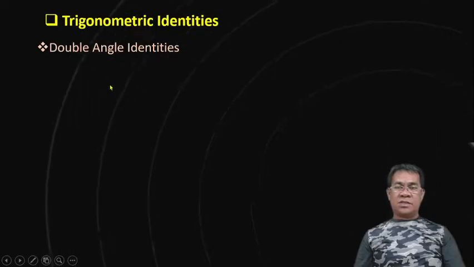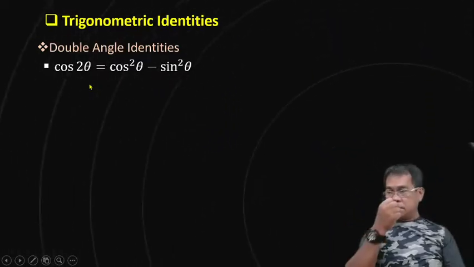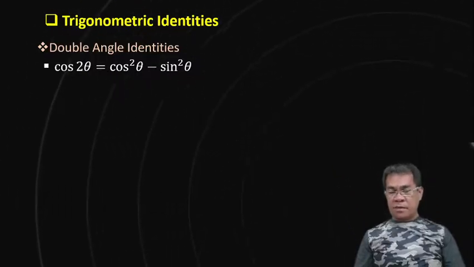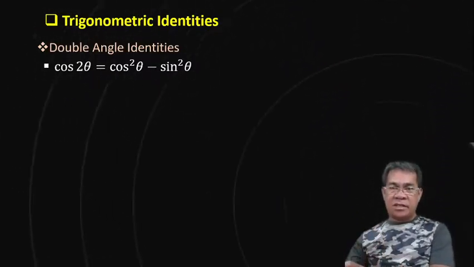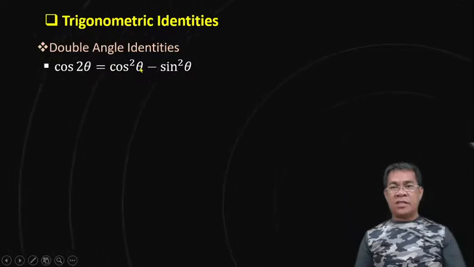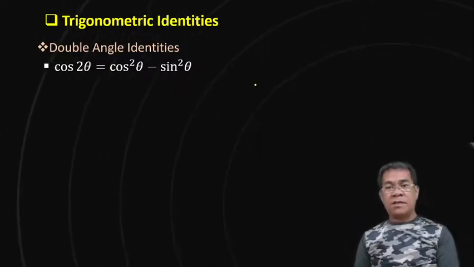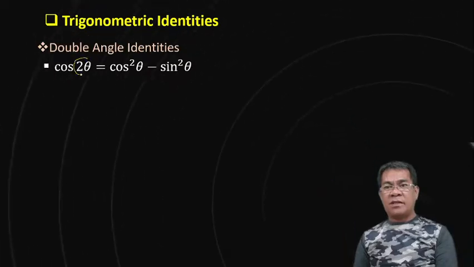So all you need to do is use the double angle, the sum and difference identity, plus the Pythagorean identity, plus some algebra, then we can replace this one. Okay, so we can derive. For example, the double angle: what will happen if you're asked to find the cosine of this double angle?